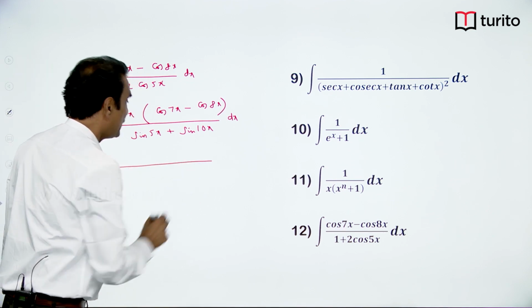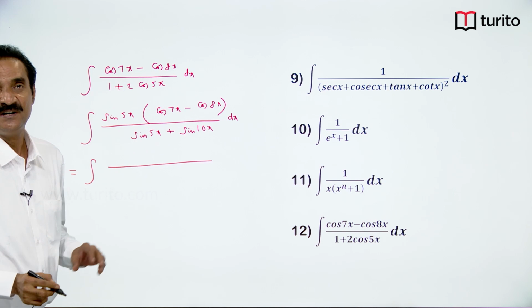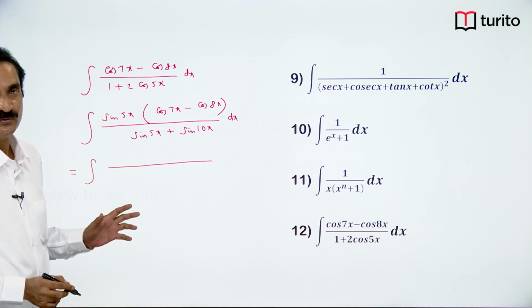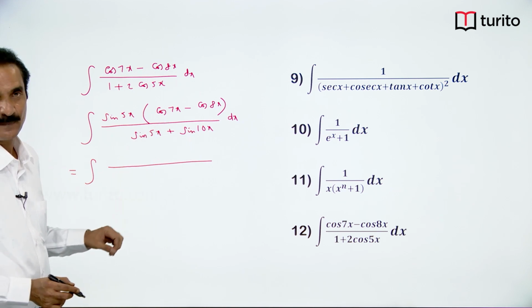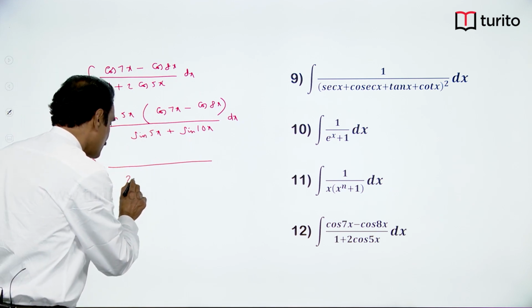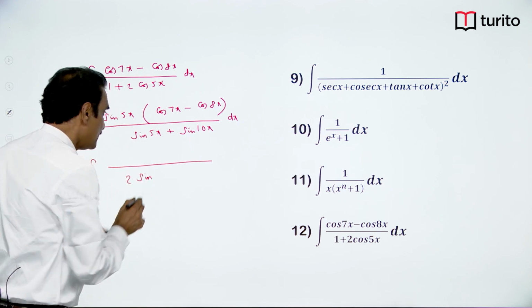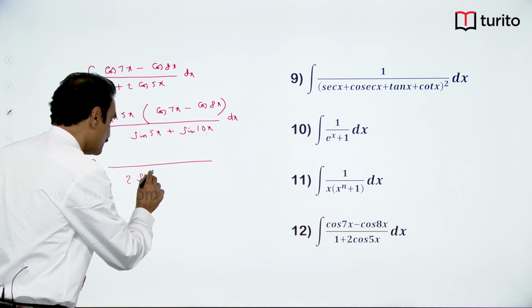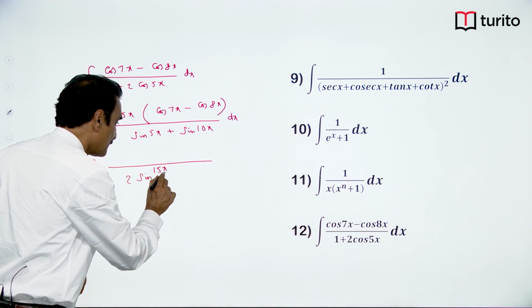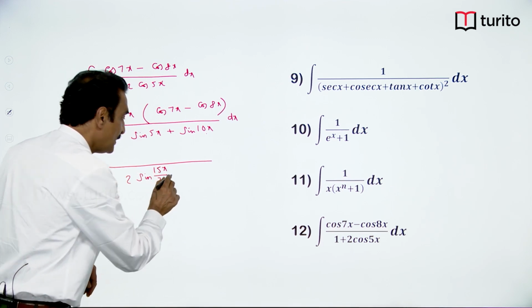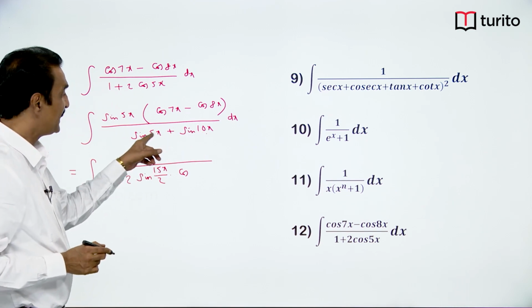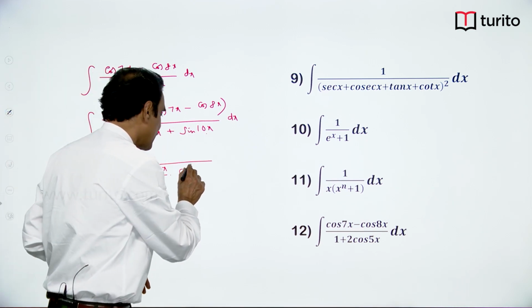We can write the denominator as sin c plus sin d, which is 2 sin (c plus d)/2 cos (c minus d)/2. Take larger angle as c. 2 sin (c plus d)/2 is 10x plus 5x, 15x by 2, into cos (c minus d)/2, which is 10x minus 5x by 2, that is 5x by 2.